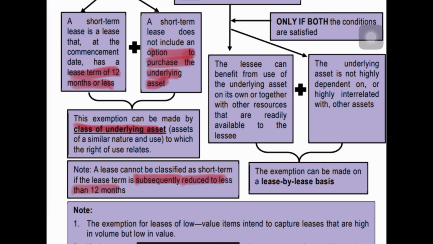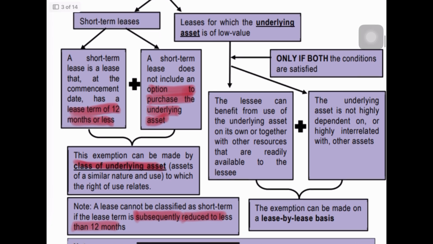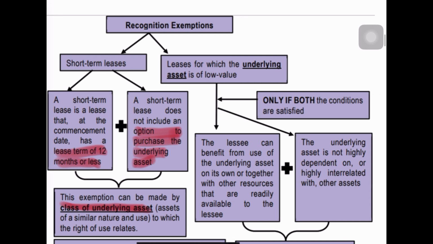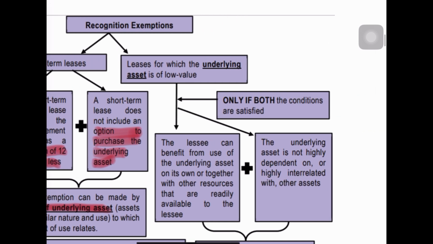Hope that is clear. Now we'll go through how low-value assets need to be identified: leases for which the underlying asset is of low value. Ind AS 116 does not specifically define what low value is. The threshold is not defined, so it can be decided as per the company's policy.